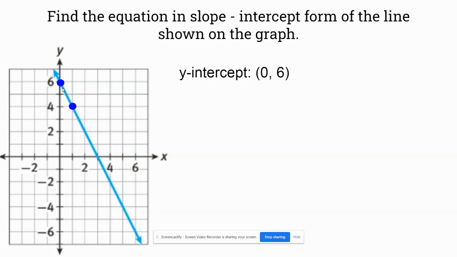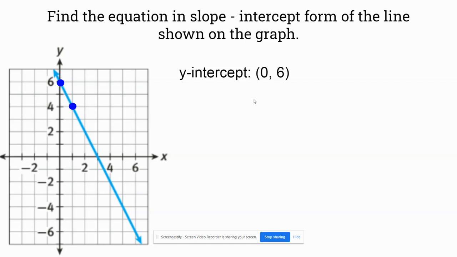If for some reason I did not cross the y-axis at a whole number, I would have to use a different point. So if it crossed at like 6.2 or 6.3 or somewhere up here that we're not really sure, I'm going to have to use a different point. And I'll show you how to do that in the next example.